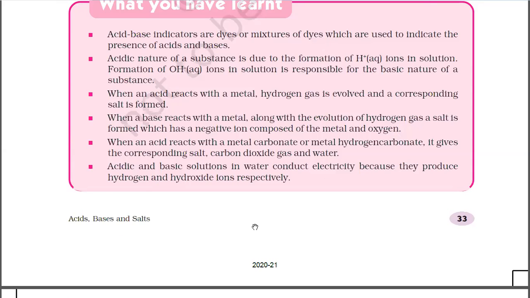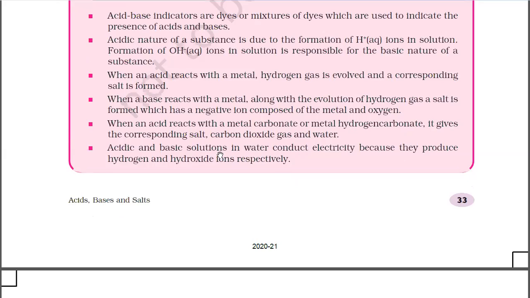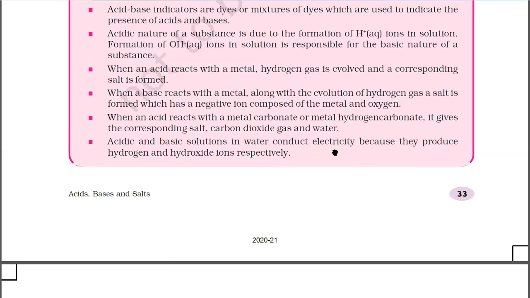When a base reacts with a metal, along with the evolution of hydrogen gas, a salt is formed which has a negative ion composed of the metal and oxygen. When an acid reacts with a metal carbonate or metal hydrogen carbonate, it gives the corresponding salt, carbon dioxide gas, and water. Acidic and basic solutions in water conduct electricity because they produce hydrogen and hydroxide ions respectively.